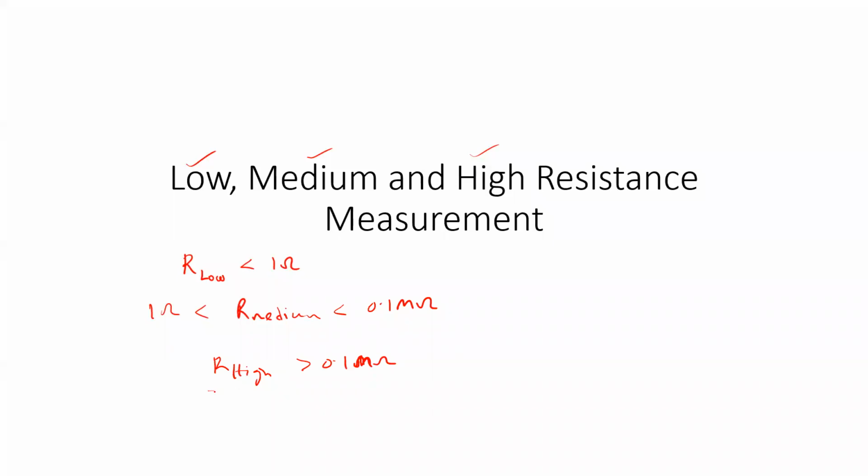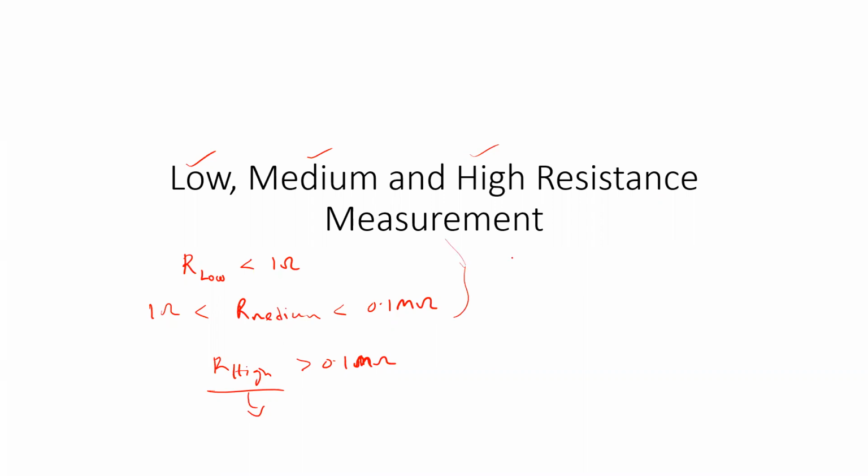So high resistance is basically the insulation resistances, the insulating materials used in the cable or in the bus bars or in between transmission lines. Those insulating materials' resistance is normally considered high resistance, and low and medium range resistances are for the different types of conductors.